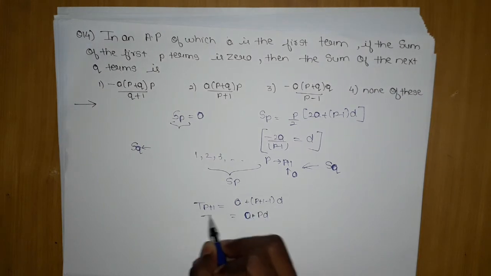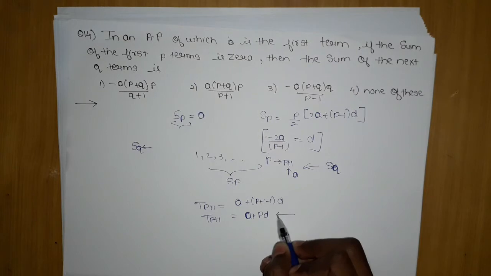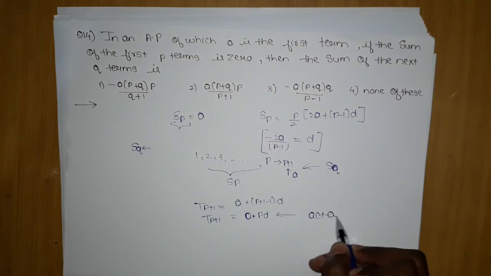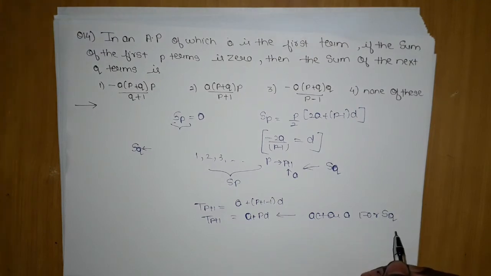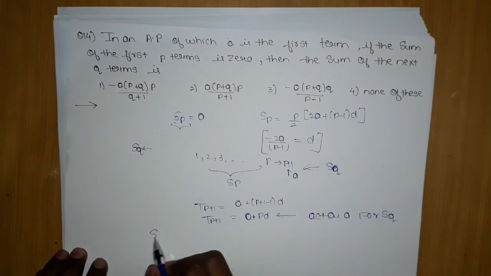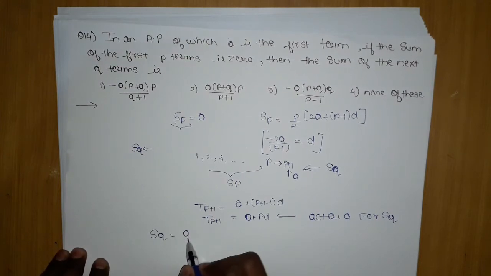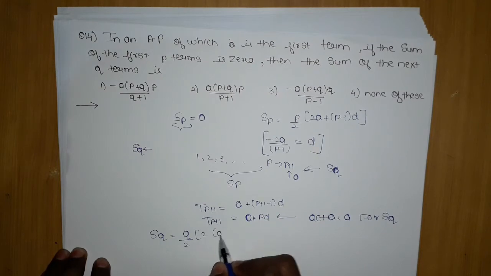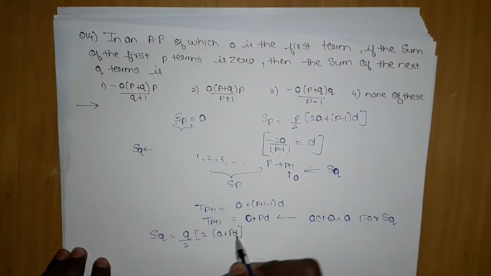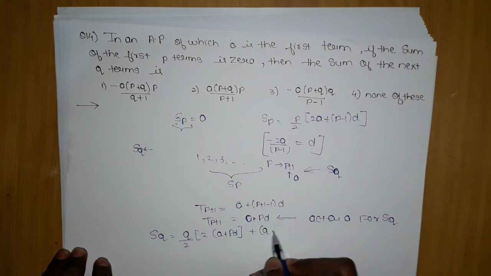So we got TP plus 1, which will act as A for SQ, right? After this, SQ will be what? Q by 2 bracket 2 into A plus PD, plus Q minus 1 into D.